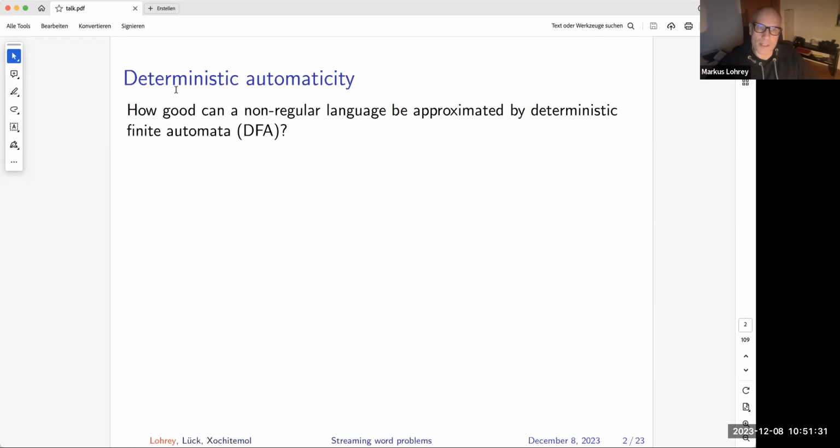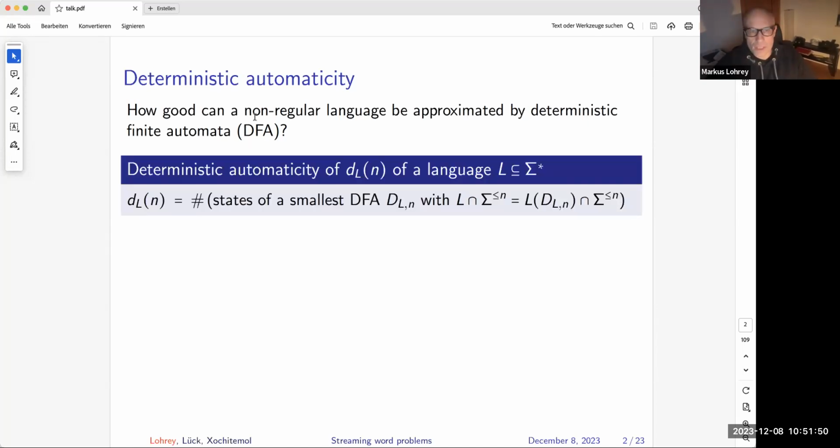What is the idea here? The question is, how well can you approximate a non-regular language by a deterministic finite automaton? Deterministic finite automaton, I will always abbreviate by DFA.